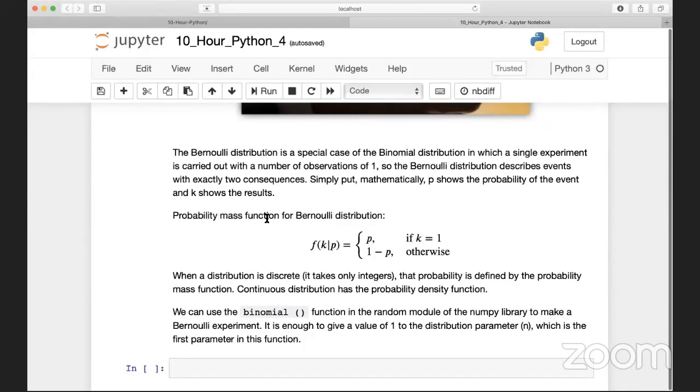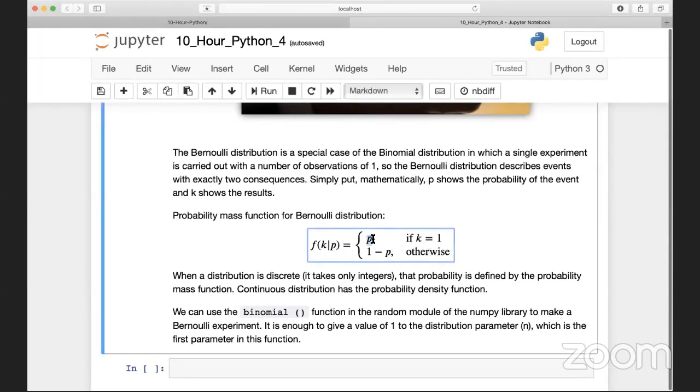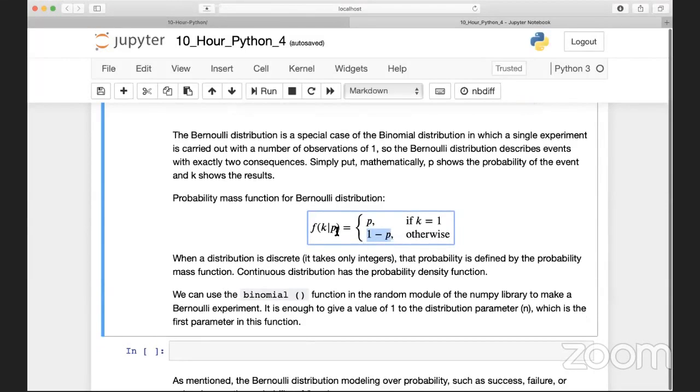So the probability mass function for the Bernoulli distribution is this one. This represents, for instance, success. This is failure. So this is how it looks. Again, it's a parametric distribution because we need to know the probability of a specific event before calculating the probability distribution of the related event.